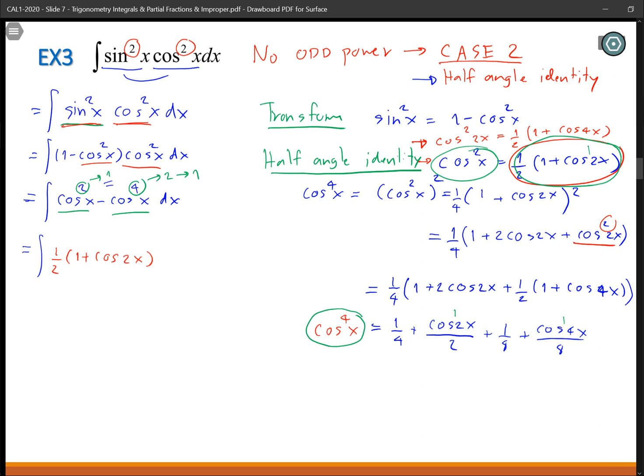Now minus cosine of x to the power of 4. We don't like that. Power is hard to deal with, so we are going to replace that with all the terms with the power of 1. So here we have 1 over 4 plus 1 over 8. Well, I can use 5 over 8 here. Oh no, 3 over 8.